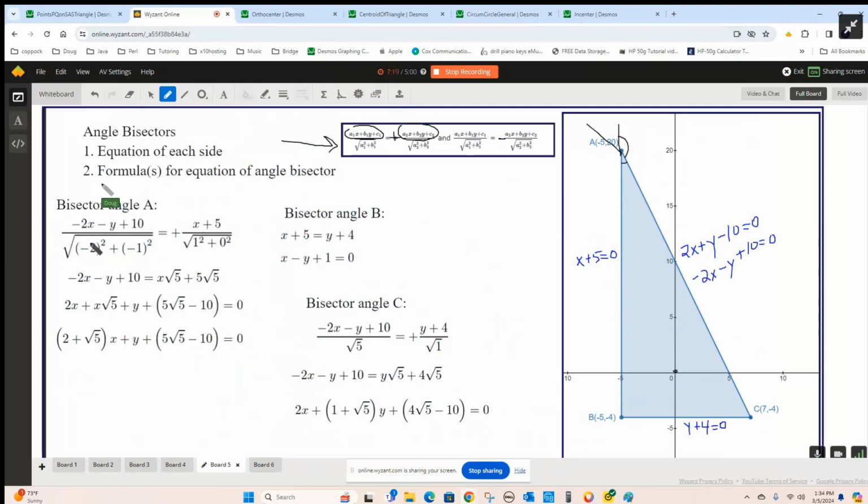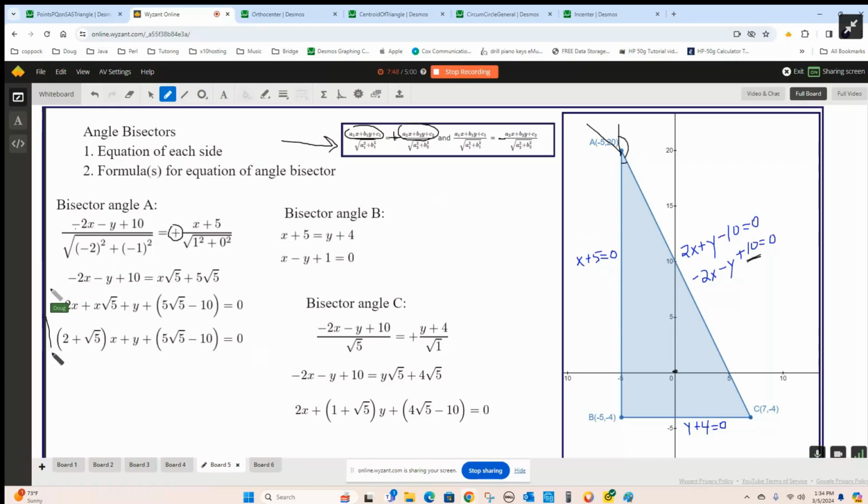So that's why I changed this to negative 2x minus y plus 10 equals 0, so that if I want to find this angle bisector right here, I'll put that equation over the square root of a squared plus b squared equals, there's the positive sign, because all of these angles contain the origin.